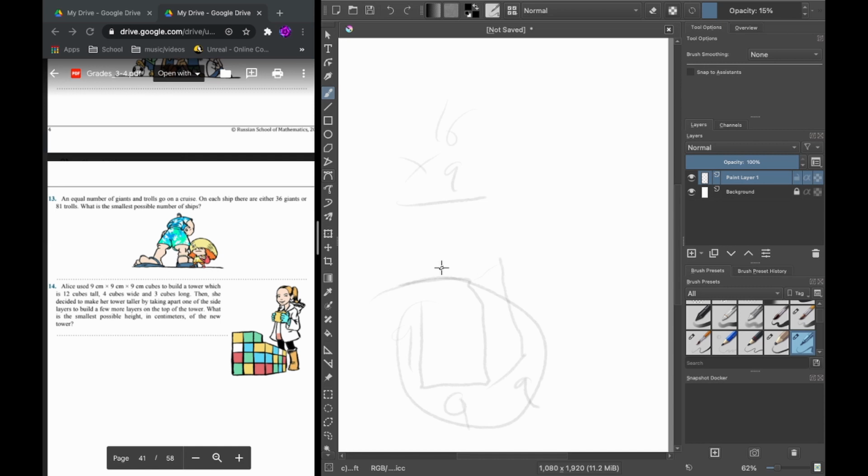Each of these cubes is 9 centimeters. But what is the 16? The 16 is the number of cubes. If we want to figure out the height in centimeters, you would do 16 times 9. So the whole problem would actually be 144.